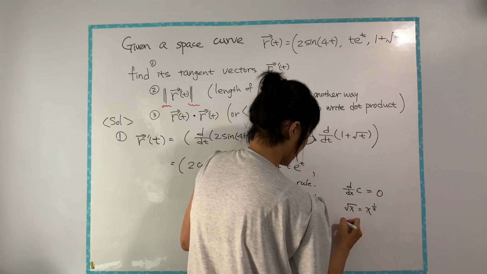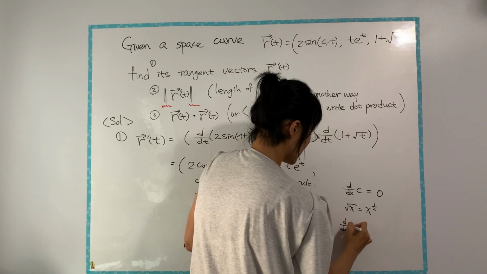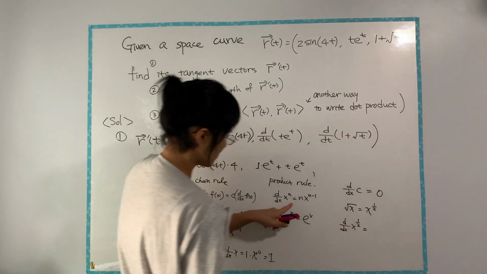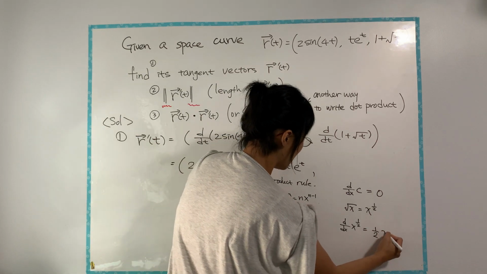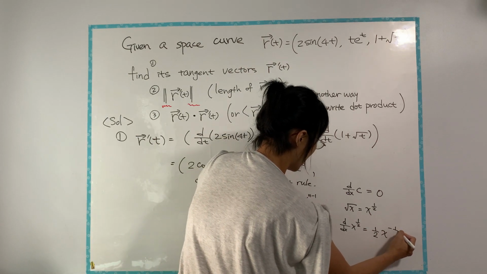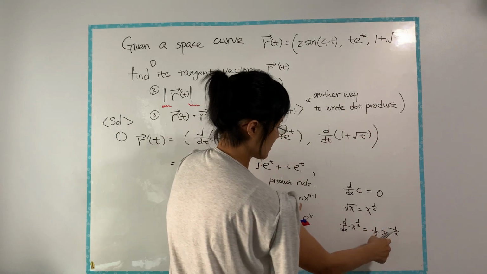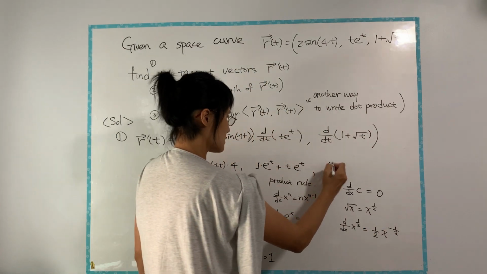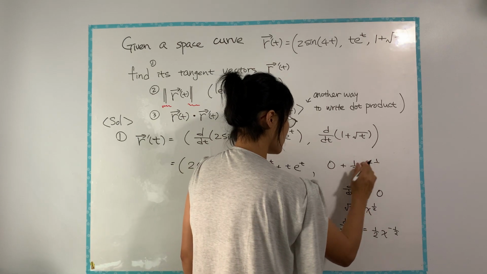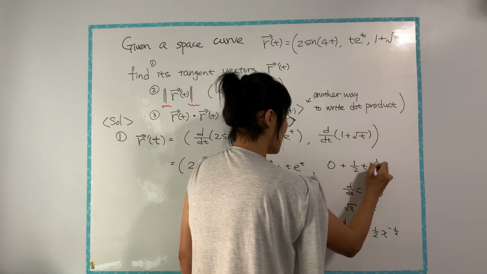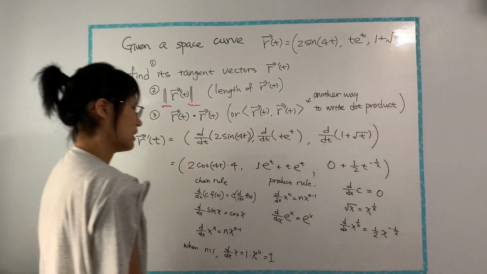And so I have d/dx of x to the power half. Now this is n equal to a half. So follow this rule: a half times x to the power a half minus 1. So that is negative a half. So we have 0 plus 1/2 x to the, oops, not x, we're working with t, power minus a half.